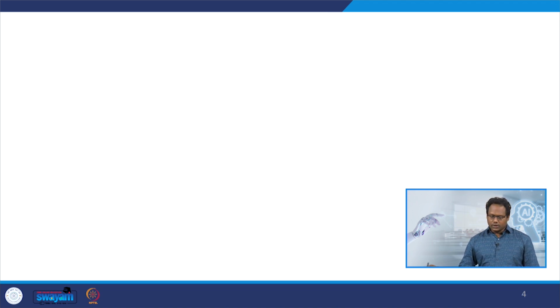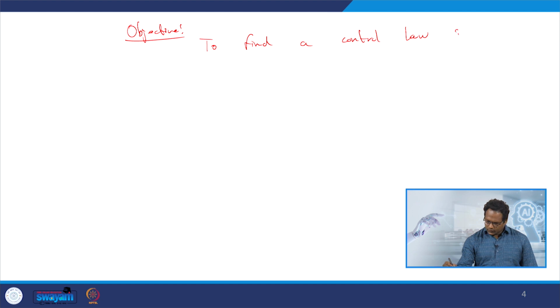So, the objective here for this feedback linearization based controller approach is to find a control law such that x follows the desired given trajectory, x desired. That is the objective of this controller.